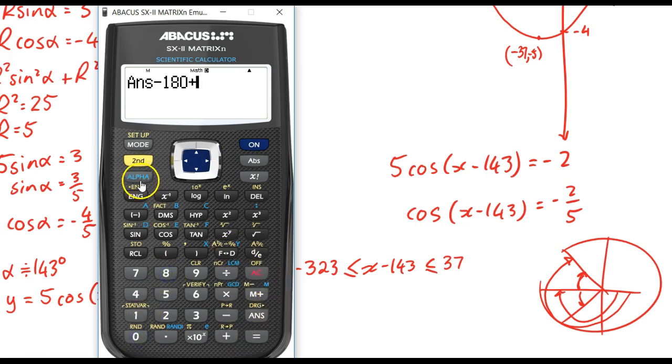plus, oh, whoops, no, delete that one, a little awkward here. Okay. Negative 180 plus my 66 is about negative 114.